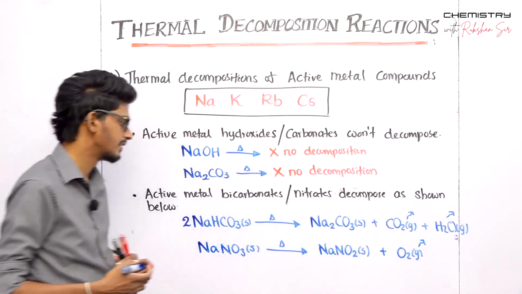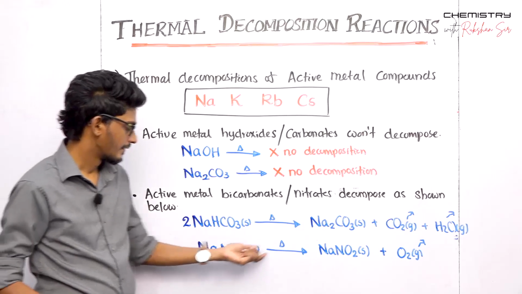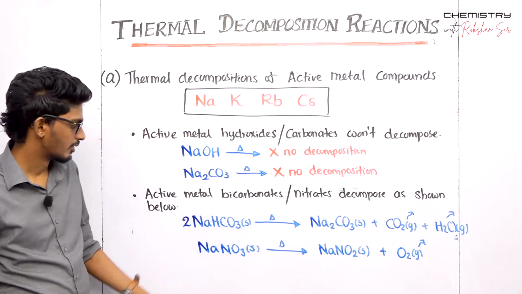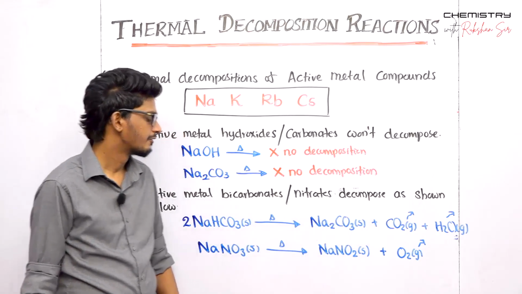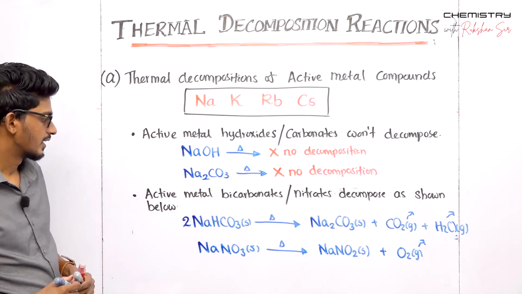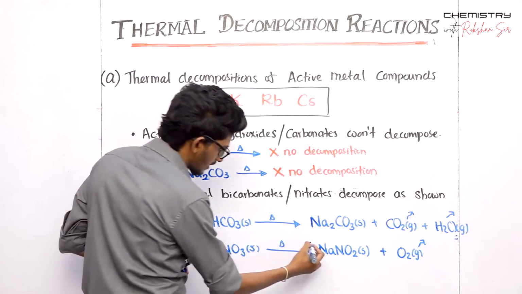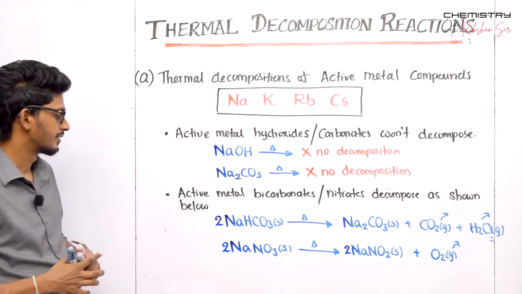Basically, by these decompositions, the solid mass will reduce, right? The amount of mass will reduce as gaseous products are forming, right? So we can balance this as well, right? By applying 2, it will be balanced, right?